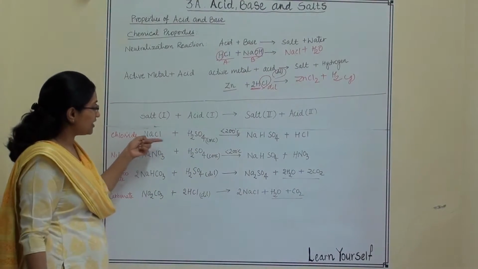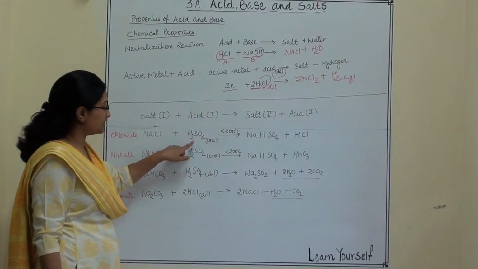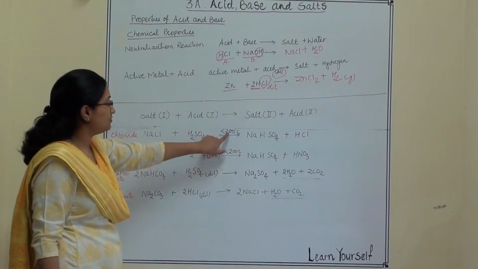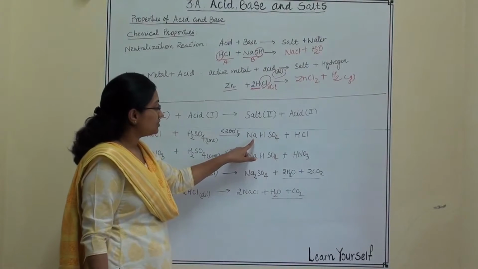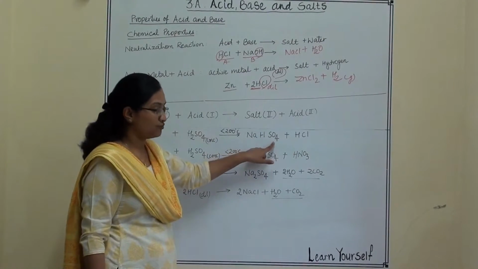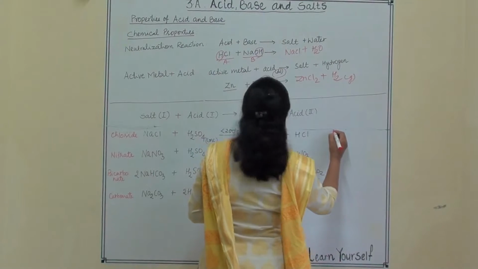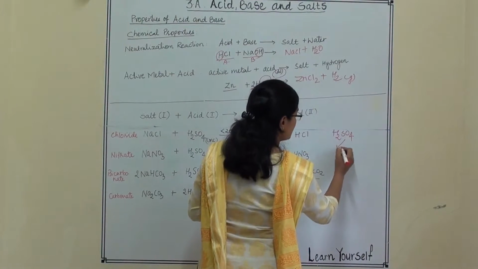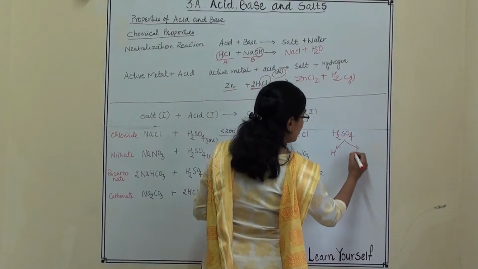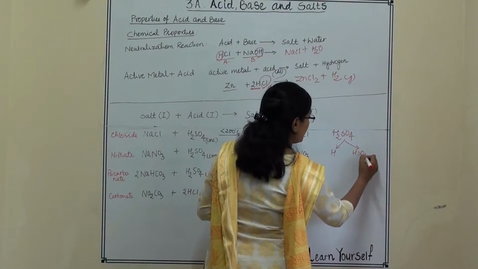So sodium chloride, when it reacts with concentrated sulfuric acid in the presence of heat, gives us NaHSO4. How has this happened? From H2SO4, when it decomposes, it gives H plus and HSO4 minus.